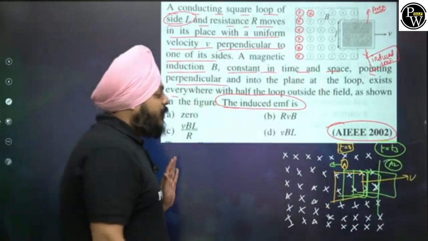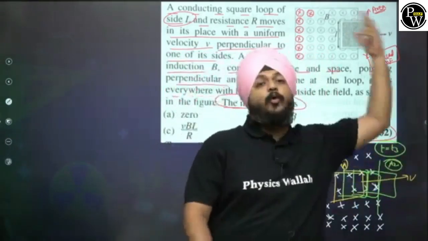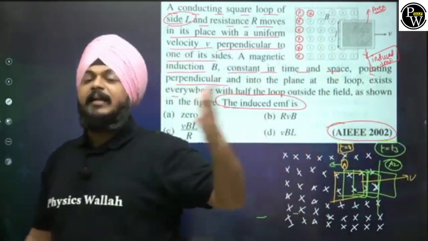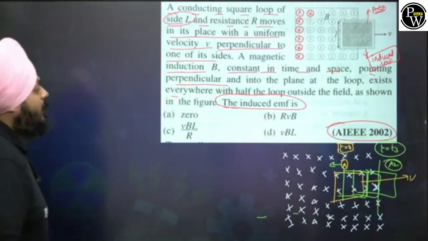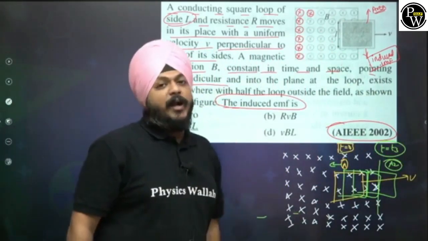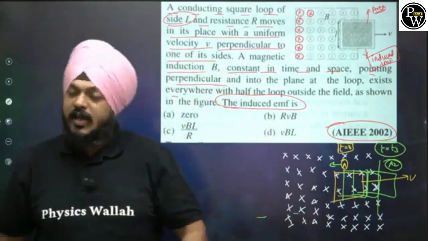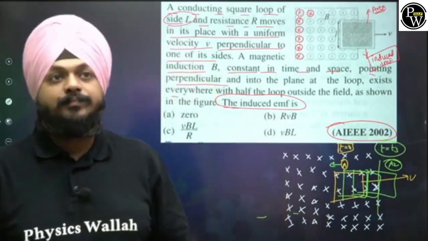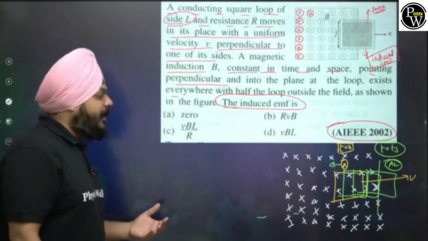It means the area of the loop is getting changed. Again, it is moving with the velocity v. Then after a small amount of time, obviously it is going to leave the entire magnetic field area. So according to Faraday's law, if somehow the flux is getting changed, EMF is getting induced.